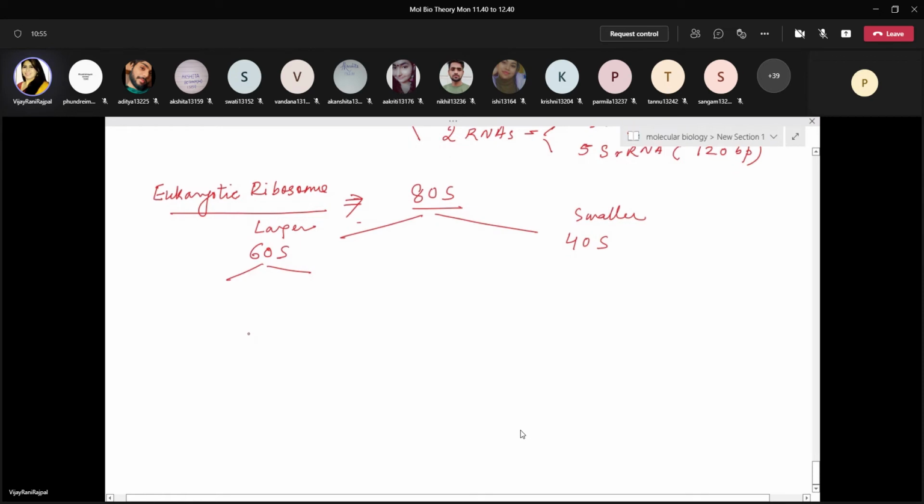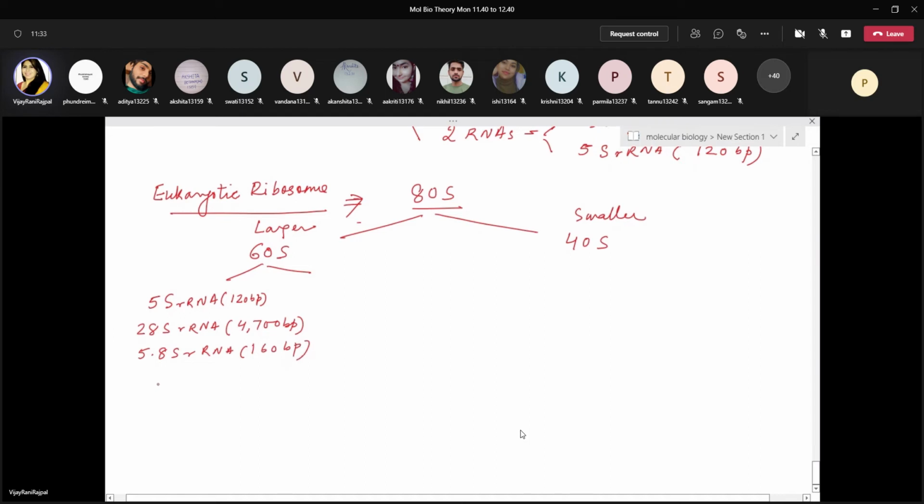So the 60S subunit contains 3 ribosomal RNAs: 5S ribosomal RNA, the same one which was present in prokaryotes also, 120 base pairs. Then you have a 28S ribosomal RNA, which is as long as 4,700 base pairs, and you have a 5.8S ribosomal RNA, which is 160 base pairs.